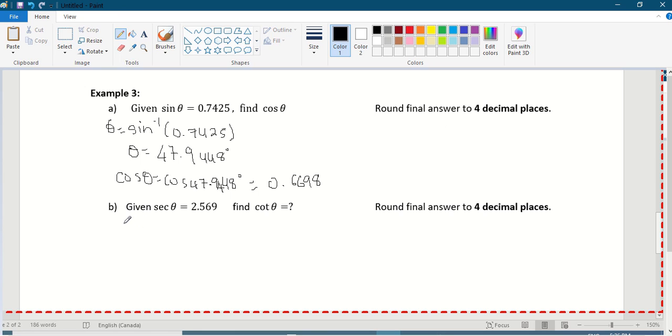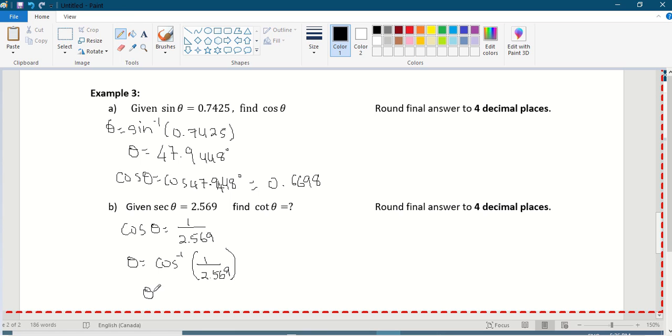Similarly, for the next one, we are given secant theta and we are asked to find cot theta. So in order for us to find cot theta, we need first to know what theta is. So to find theta, we proceed something like this. We say cos theta equals 1 divided by 2.569. So then theta will be cos inverse 1 divided by 2.569.